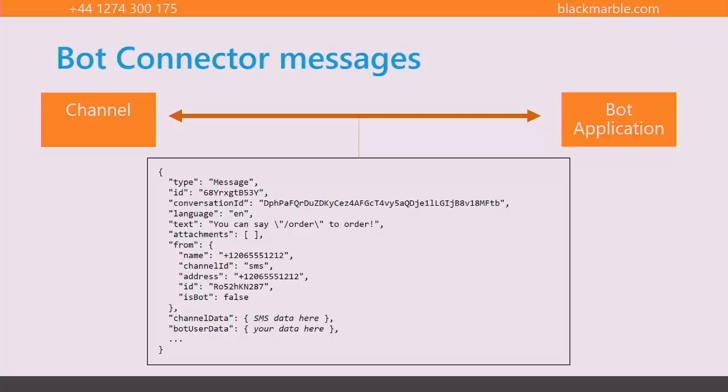This is very channel specific, so obviously from SMS you might have the phone number. You have the channel name in there as well, so you can identify how they're communicating with your bot. For Skype, for example, you might have some Skype claims, like maybe the name of the user. And if you create your own channel, you can inject your own data into there as well. That's useful.